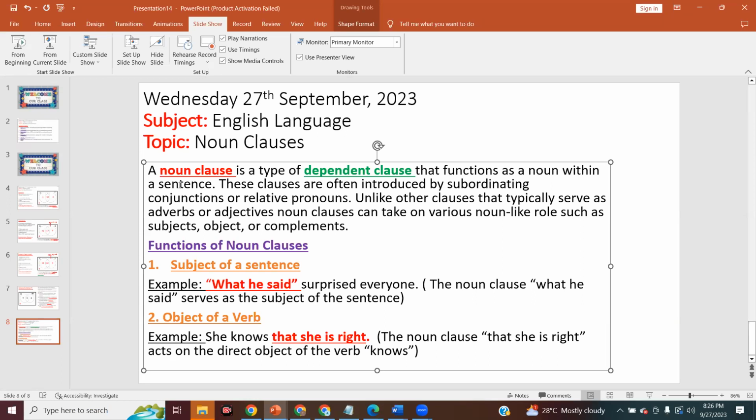If you think that it is the subject of a sentence, in the chat, I need you to put subject. If you think it is the object of a verb, then in the chat, I need you to put object. All right, is that clear?